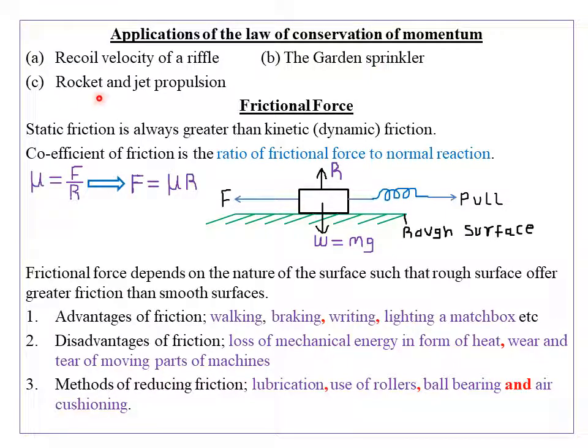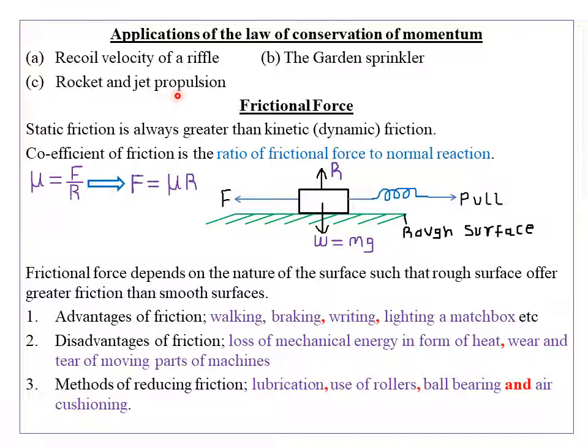Then the third application is in the rocket and jet propulsion, whereby the forward thrust or the forward momentum is provided by the exhaust gases, which are expelled at a very high velocity at the rear end. As the exhaust gases are expelled out of those particular jets, they provide an initial momentum. As they hit the ground, an upward or the final momentum is provided, and therefore the jet is propelled upwards.